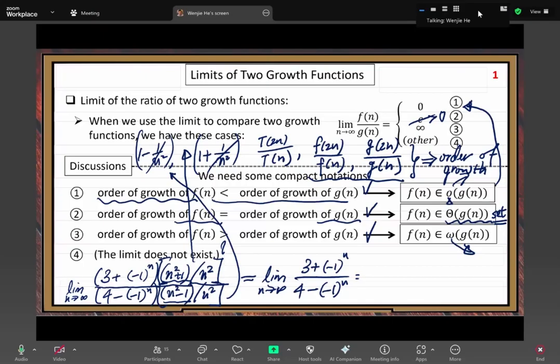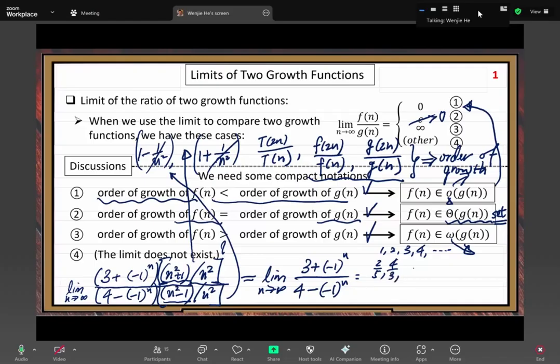When n equals 1, the numerator is 3 minus 1, that's 2, and the denominator is 4 plus 1, so 2/5. We do experiments on consecutive integers. If n is 2, then 3 plus 1 over 4 minus 1, so 4/3.